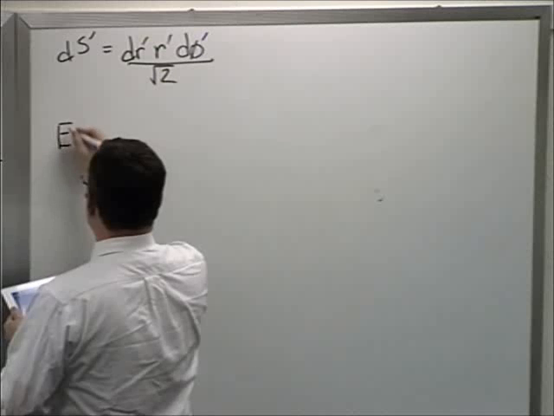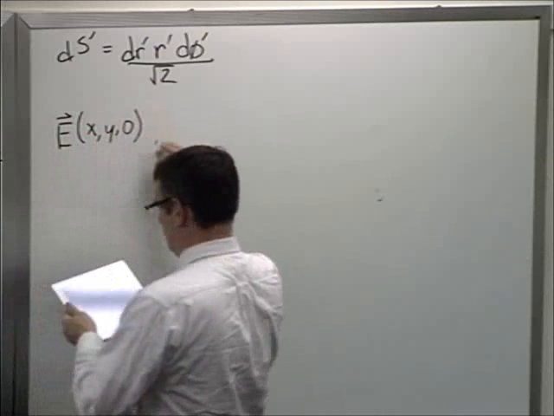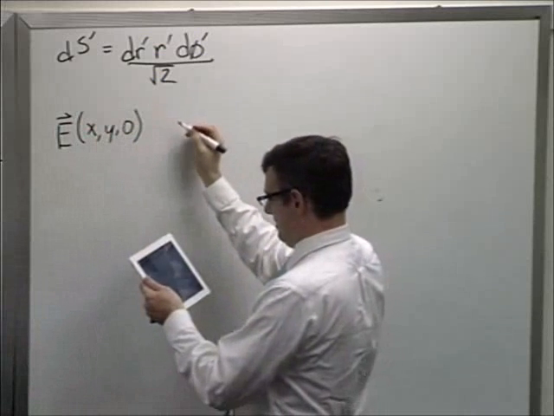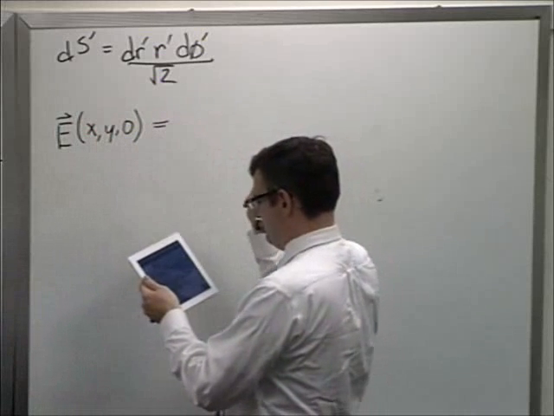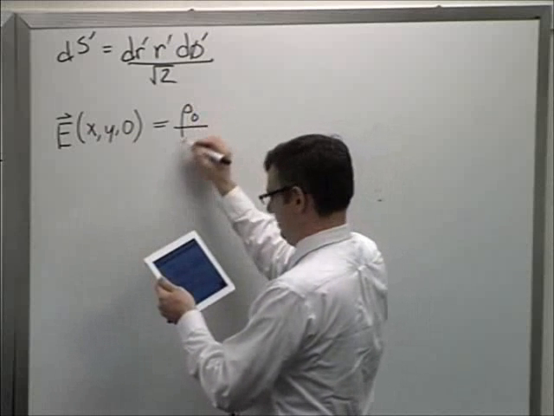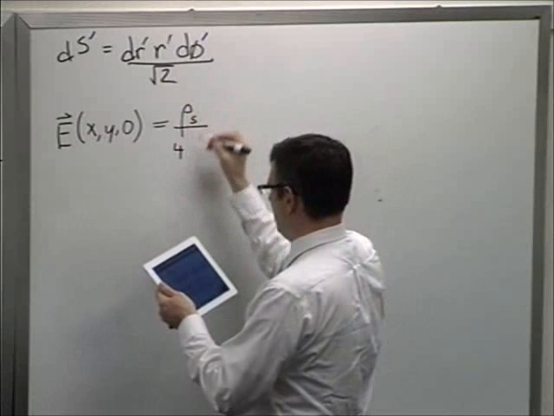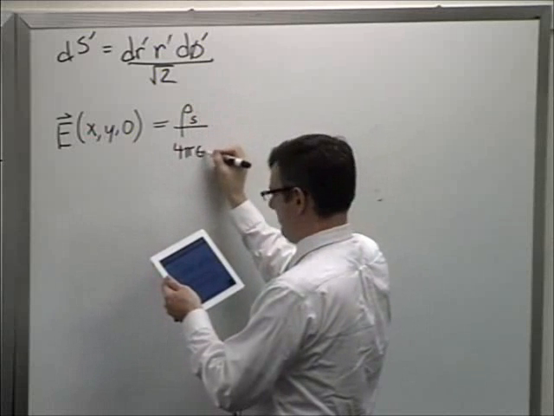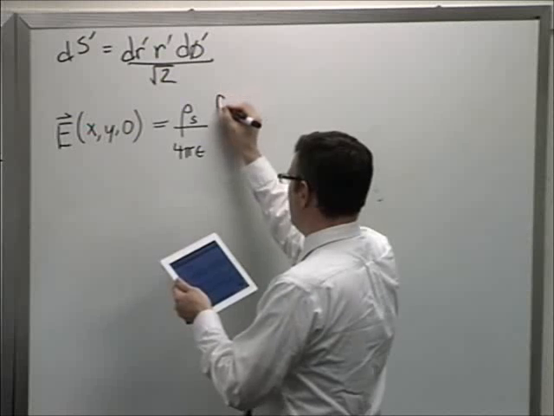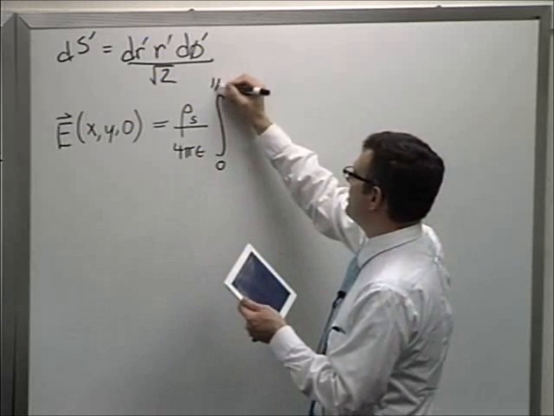Now, electric field as a function of x, y, and z equals 0 is going to be equal to just my z component, which I will now write as rho sub s over 4 pi epsilon, integral from 0 to 1/2.